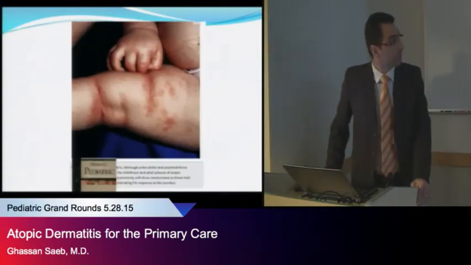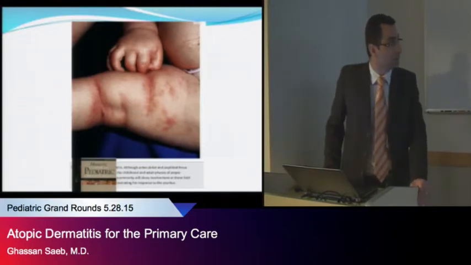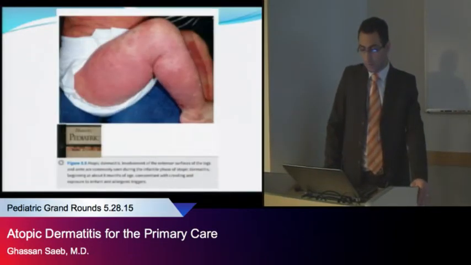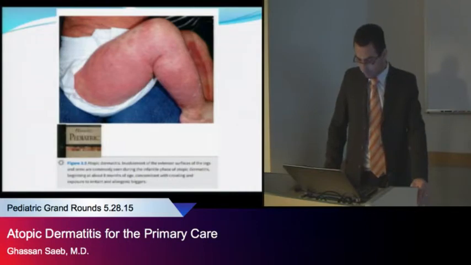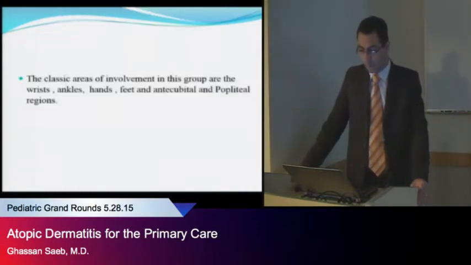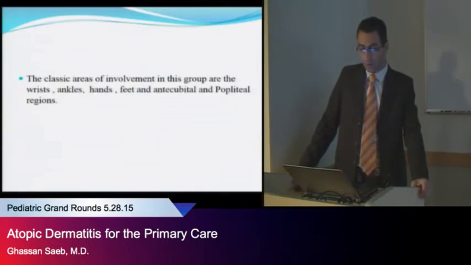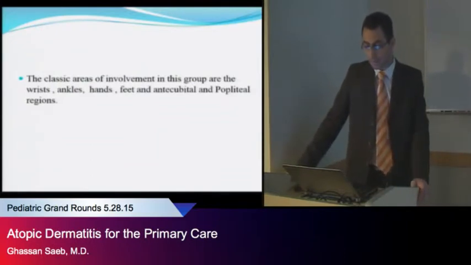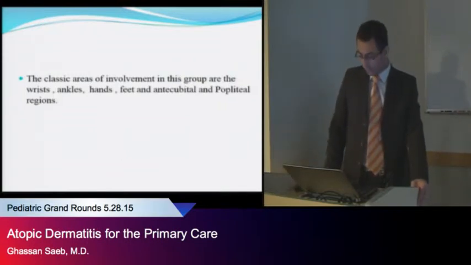This picture reflects the flexural involvement in a child. And these are well circumscribed patches on the lower extremities. The classic areas of involvement in this age group are the wrists, ankles, hands, feet, and antecubital and popliteal regions.